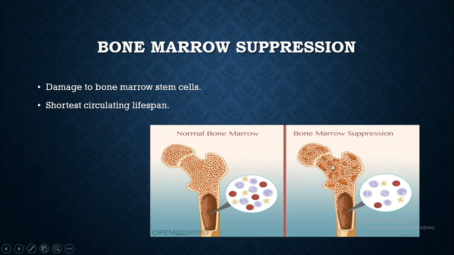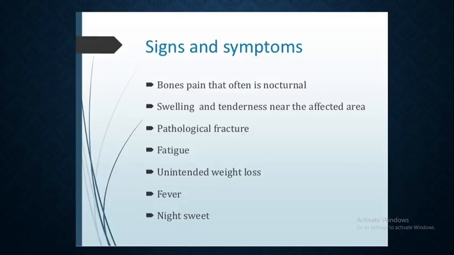So those become easily breakable. Signs and symptoms include bone pain, often nocturnal. What is that? Night time. Bone pain happens at night time. Swelling and tenderness near the affected area. Then pathological fractures. Then fatigue, unintended weight loss, fever, and night sweating.